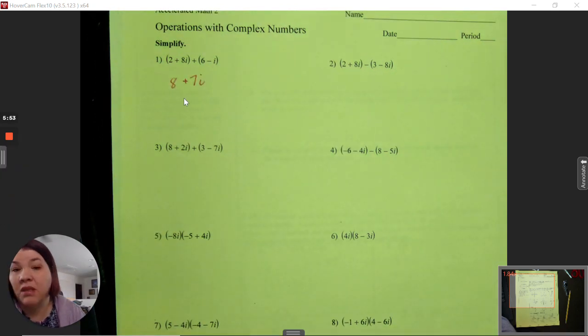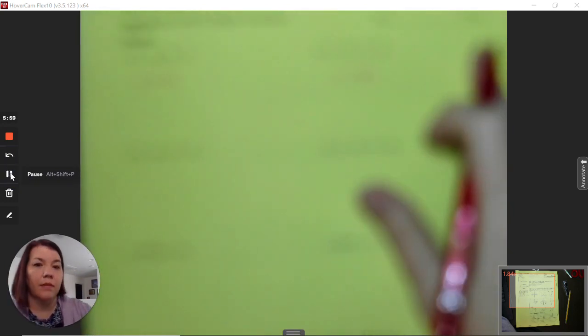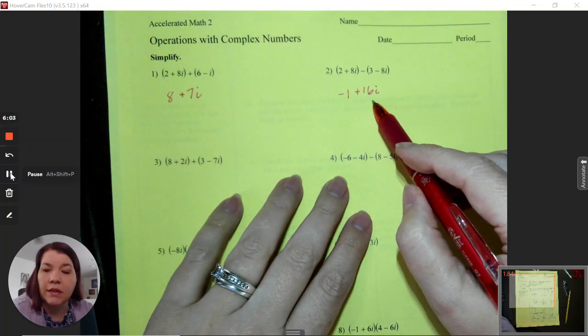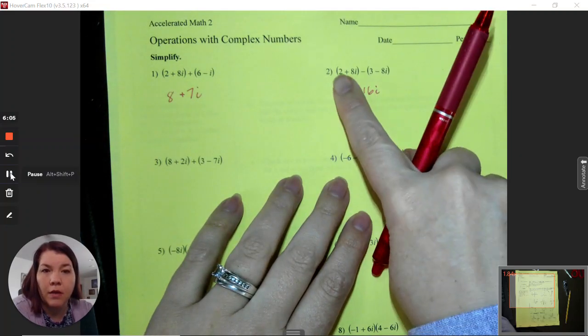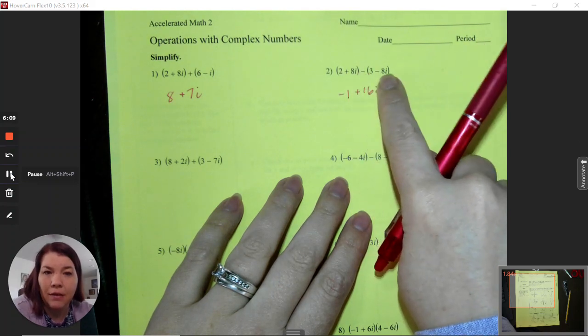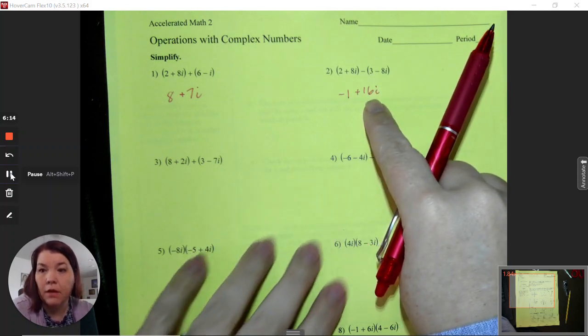8 plus 7i, no big deal. Go on to number 2. Good luck. -1 plus 16i, because we've got 2 minus 3, -1, and positive 8i, positive 8i. All right, now try 3.